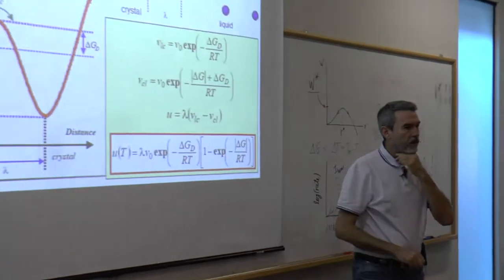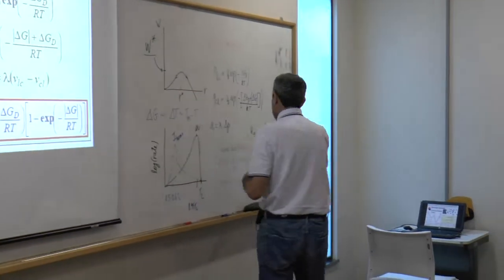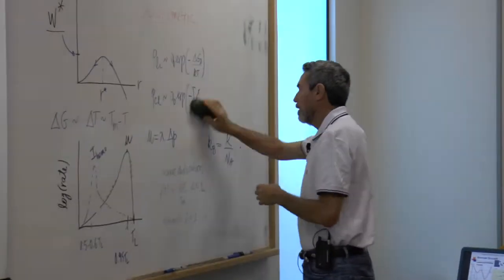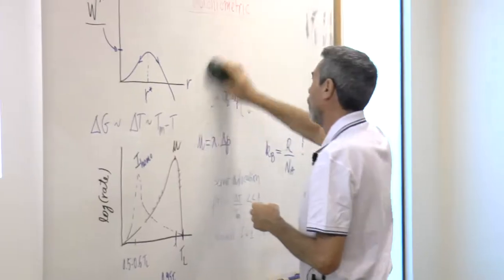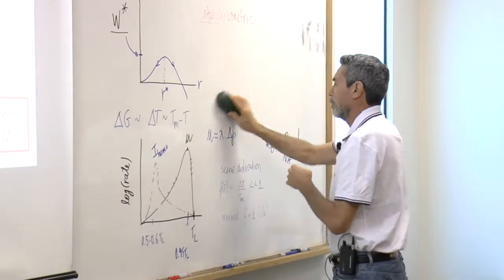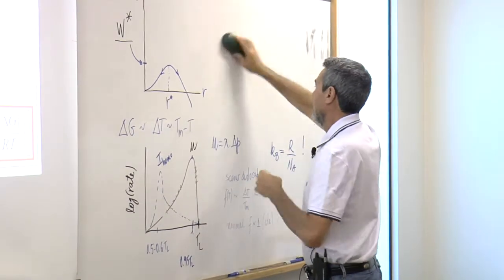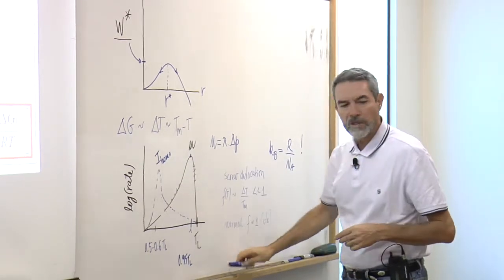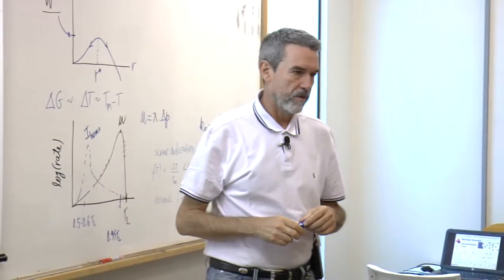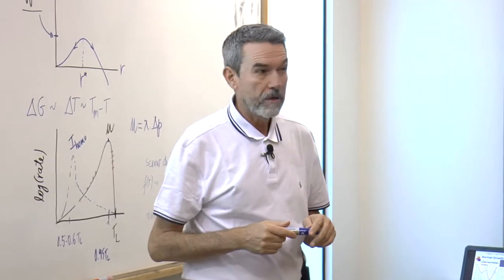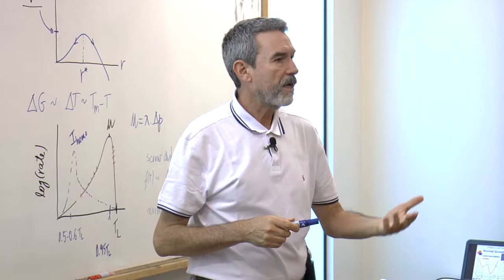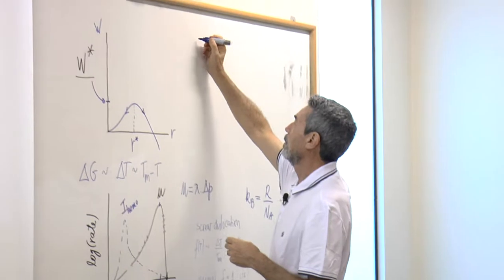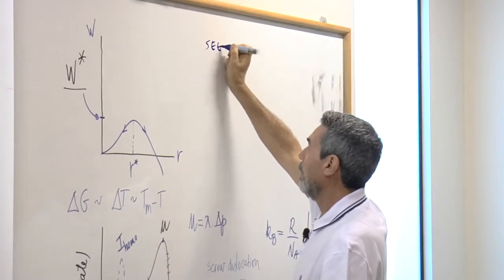So here we are going to do the same kind of approximation that we have done for crystal nucleation. What was the approximation that we used for crystal nucleation? The Stokes-Einstein-Eyring equation.